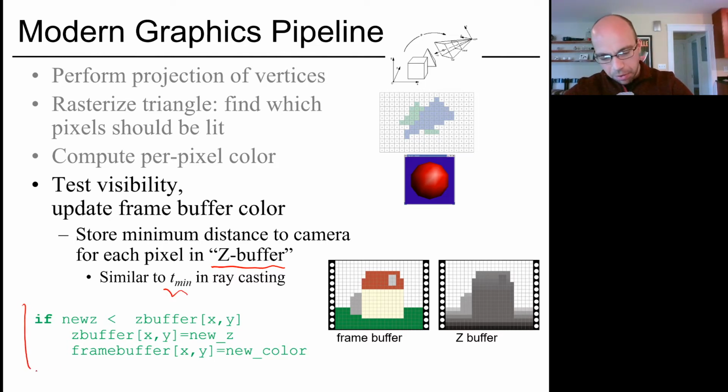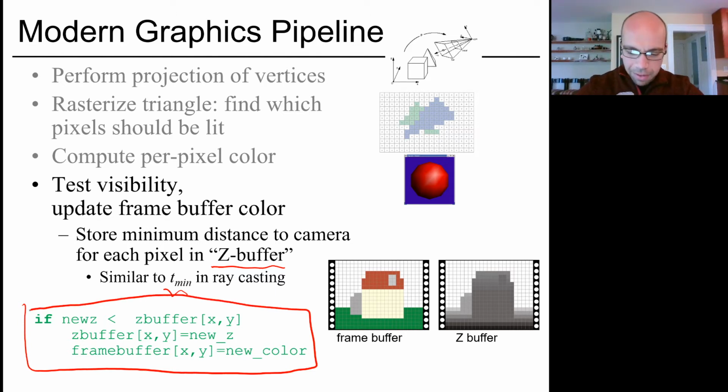And we're going to have this really critical little piece of code, which asks whether the Z value of the current object is closer to the camera than the Z value of what you've currently rendered. If it is, then you'll update your Z buffer, and in the frame buffer, which stores the actual image that you're generating, you'll store the color. So hopefully you can see that as you iterate over your triangles, you're going to keep replacing the color of whatever's on top until you end up at your final scene.